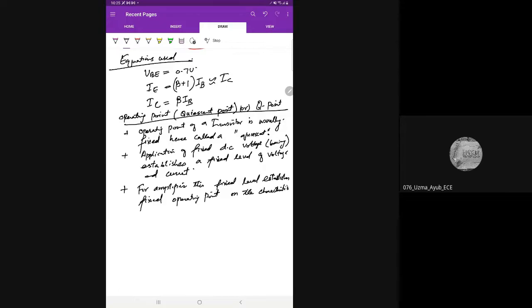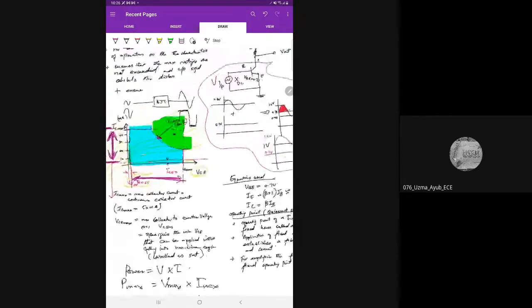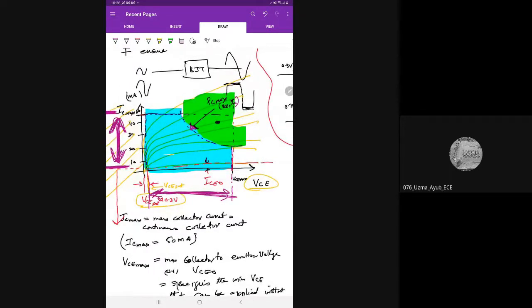See, application of DC voltage establishes a fixed level of voltage and current. अगर हम अब characteristics में जाएंगे तो in output characteristics it can establish a fixed value of VCE and fixed value of IC. Okay, तो अगर यहाँ for example इसका fixed value IC is 30, so somewhere here, and suppose this is 10 volt here, and it has established a fixed voltage of VCE as 10 volts.